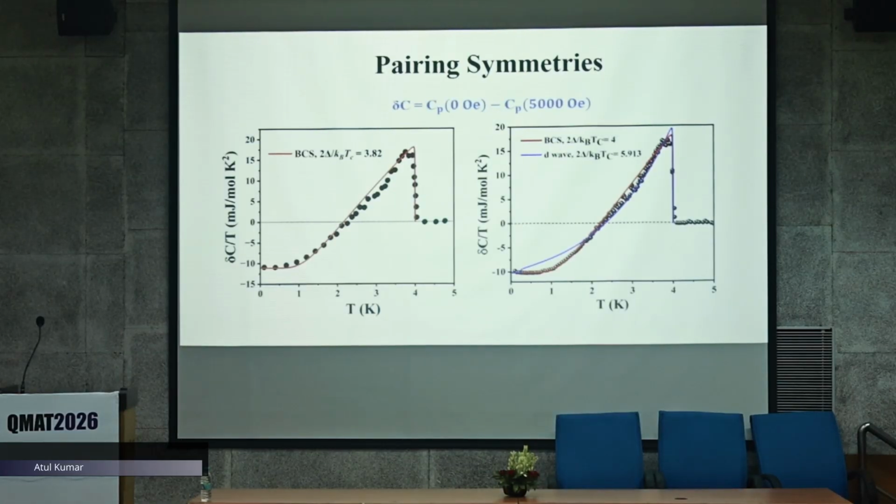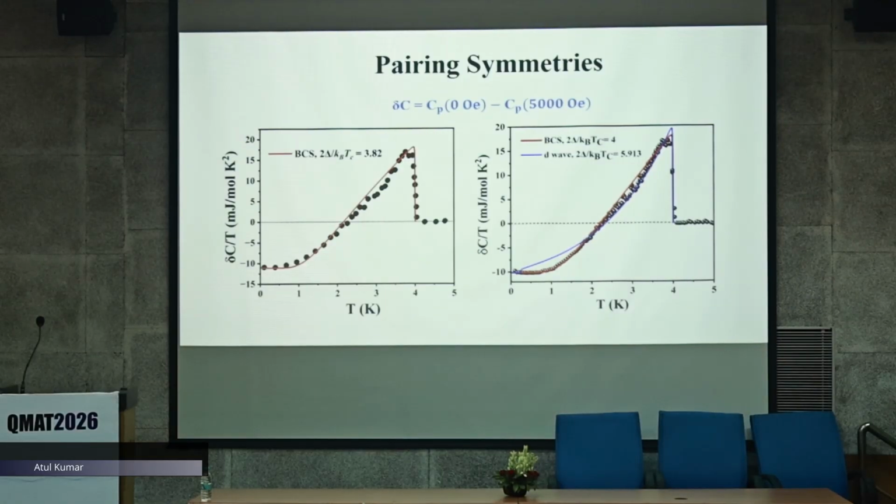We fitted it with the electronic specific heat formula. This is the fitting. We fitted with the S wave, and it is nicely fitted. To check for any existence of anisotropy, we also checked with the D wave, but in the electronic specific heat it completely deviates from the experimental data.